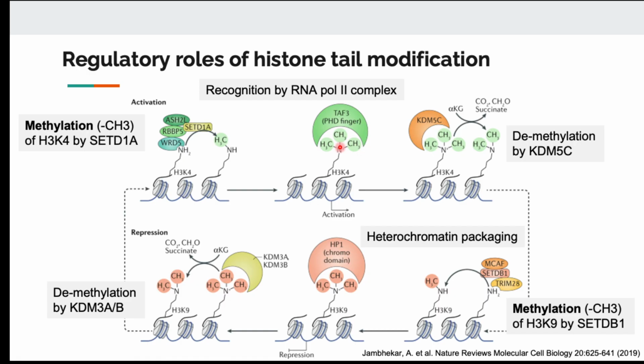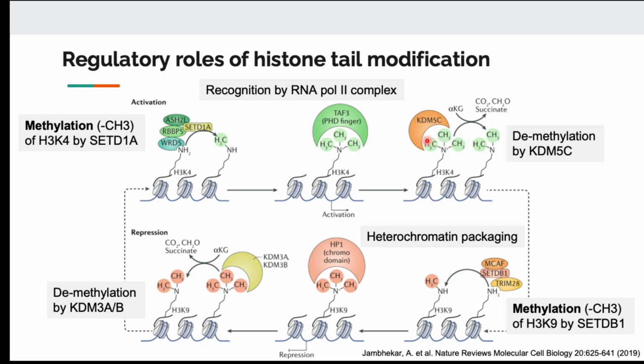So if you have a lot of methylation on the histone number 3 at lysine number 4, it can recruit RNA polymerase, and it can activate the transcription. So you have more gene expression. And when our cells want to turn off this gene, we have proteins that can remove the methylation.